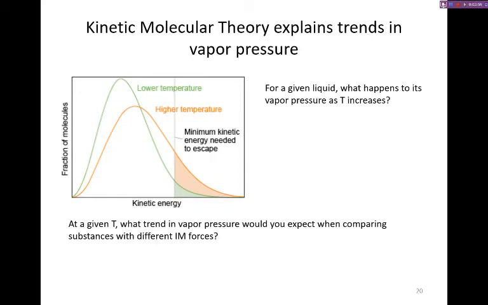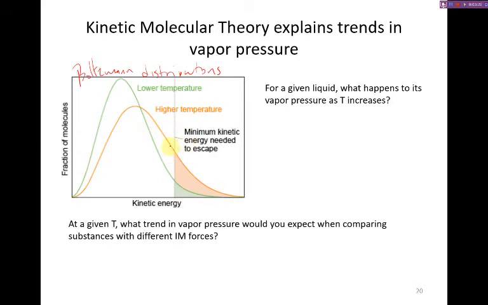If we look at a given substance at a low temperature versus a higher temperature, we've seen this type of graph before. Remember, these are our Boltzmann distribution graphs or curves. And we saw already that at low temperature there is a higher peak, and at a higher temperature, it broadens out.